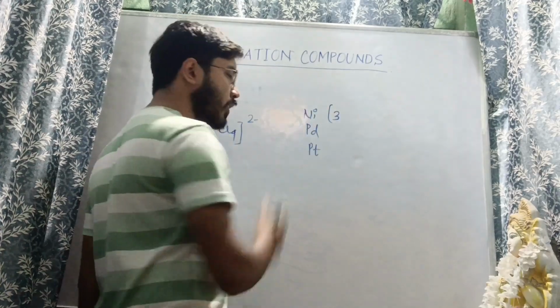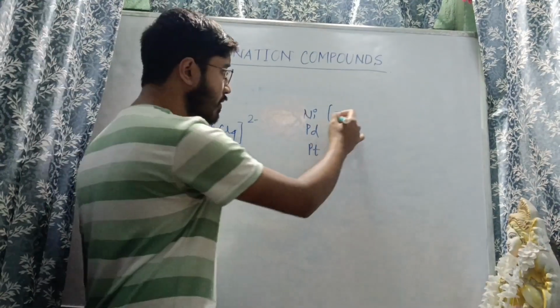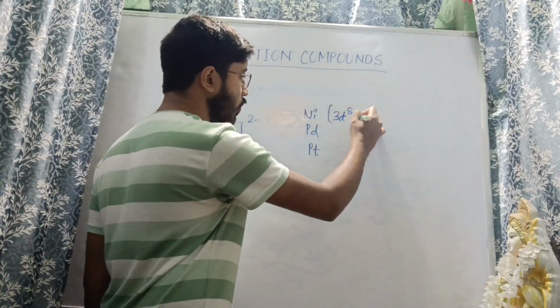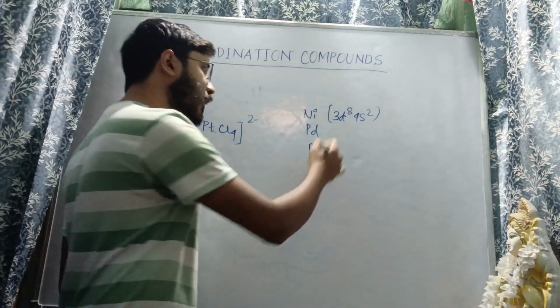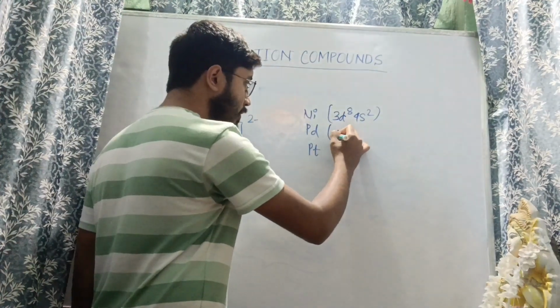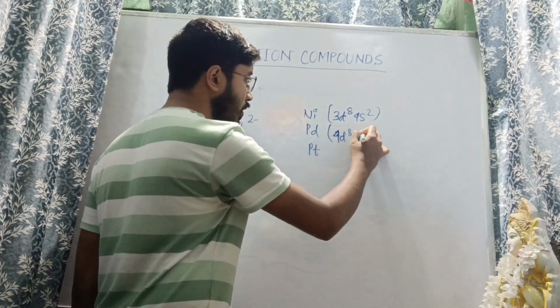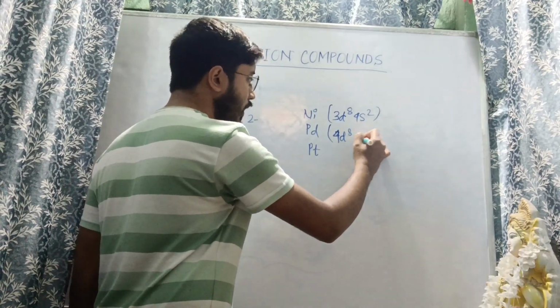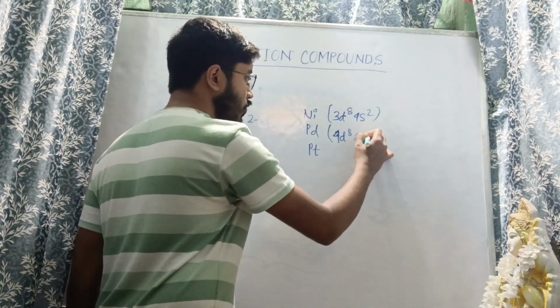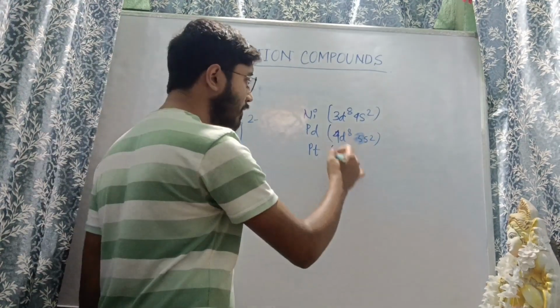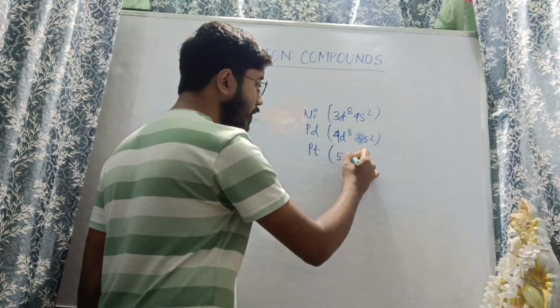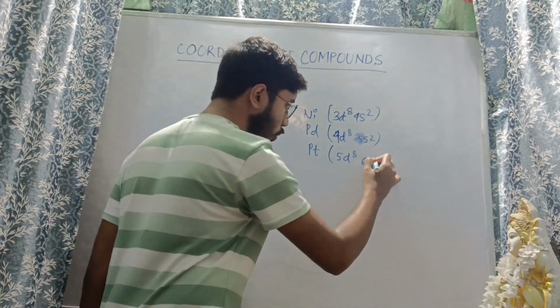The valence shell electronic configuration of nickel is 3d8 4s2. What is the valence shell electronic configuration of palladium? That is 4d8 5s2. And what is the electronic configuration of platinum? That is 5d8 6s2.